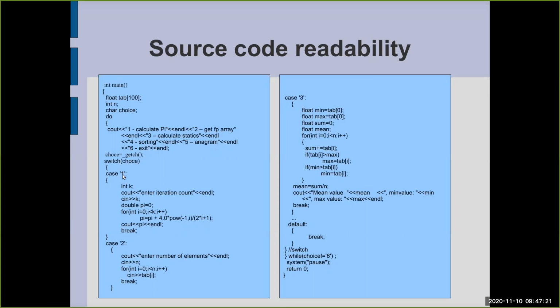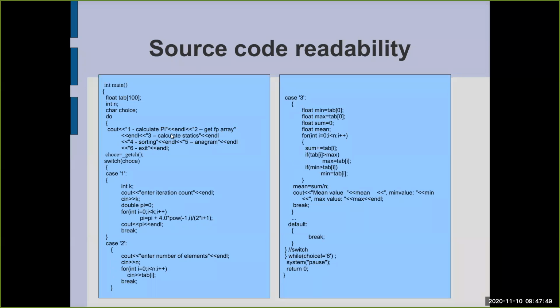So if it is 1, we ask the user to enter the number of iterations, and we calculate the pi value. If it is 2, we ask the user to enter the number of elements, and we get element by element from the console.